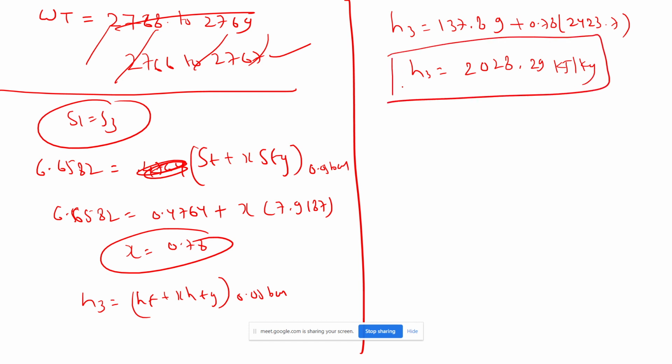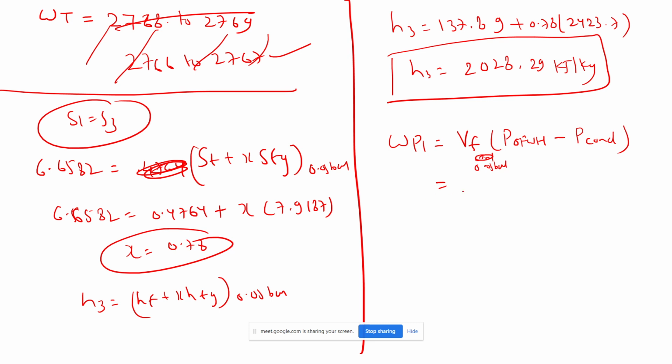Now for the pump work. Pump work 1 is given as Vf into the open feed water heater pressure minus the condenser pressure. Vf we take at the condenser pressure of 0.05 bar.